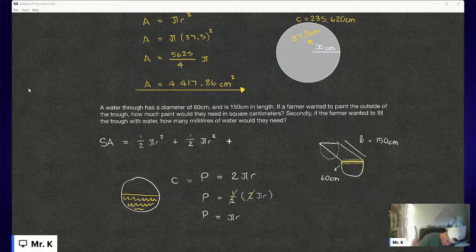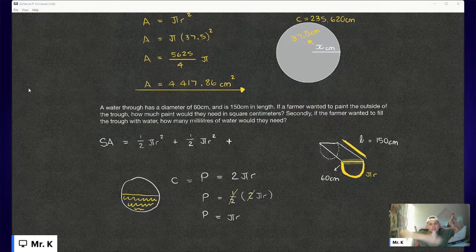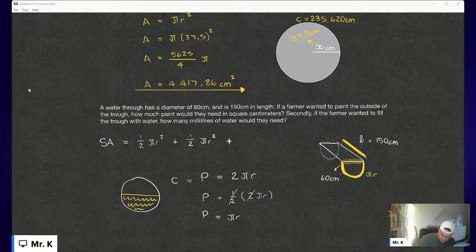We know that this section over here of our trough, this line over here, is equal to pi r. So if we take that and we multiply it by the length of my trough, I will be able to find the full surface area of the bottom of my trough. So adding on to my calculation over here, we have pi r times the length.